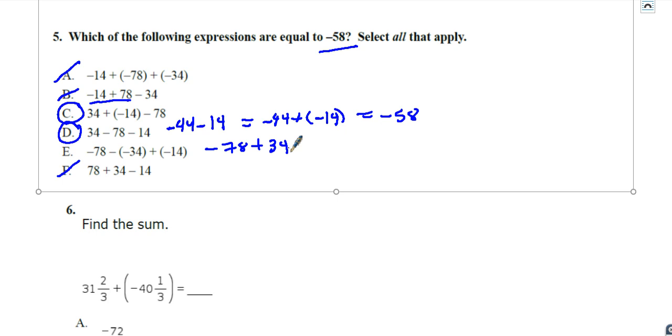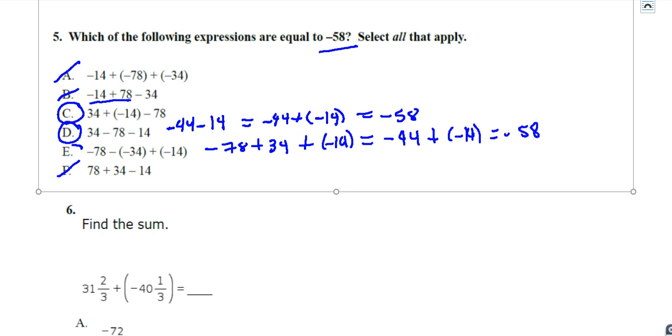The signs are different, so I'm going to subtract those, and I'll rewrite it, plus negative 14. That would be a difference of, again, 44, but it's negative 44, plus the negative 14, and again, that will give me negative 58.